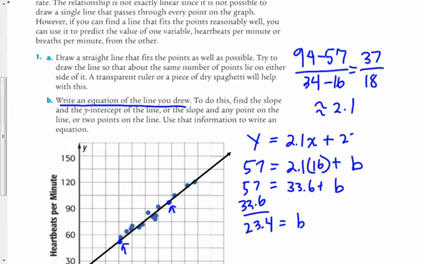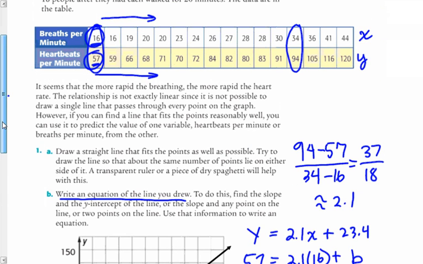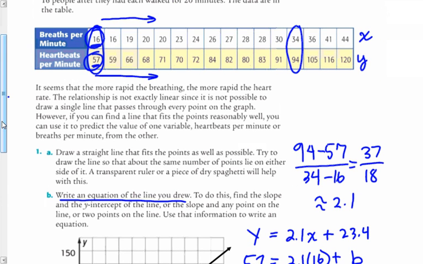23.4. Now you might wonder, well, big deal, why do you have that? Well, if we want to figure out a person's heartbeat based on their breaths per minute, let's say we found they were at 25 breaths per minute, and we wanted to know their heartbeat for that.